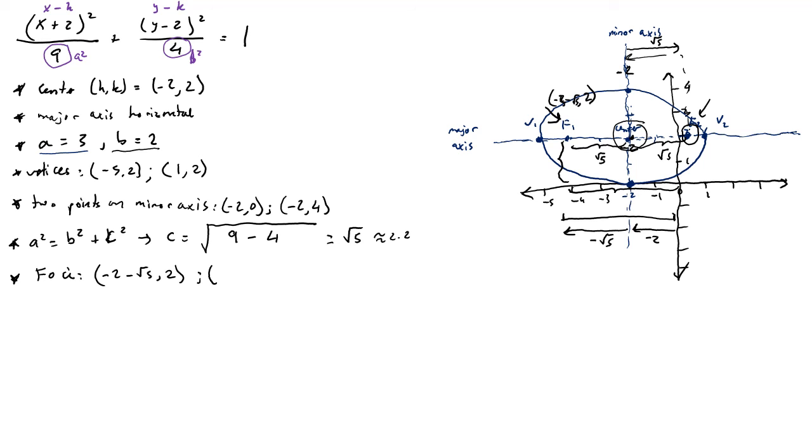Okay, so essentially it's -2 and then plus square root of 5. So this is the point -2 plus square root of 5, and then the y coordinate would be 2. And now we have all the pieces for this problem, and we are done.